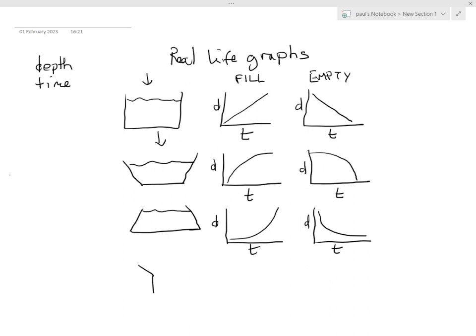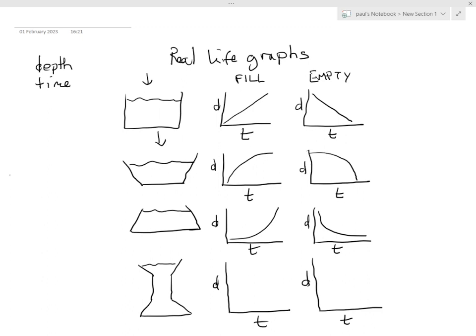The only thing they can do there is make something a bit more complicated. So we have this, and I'll make the graph the same height as the container so we can see which bit's doing what. Now, there's the water. We're going to fill it up first.